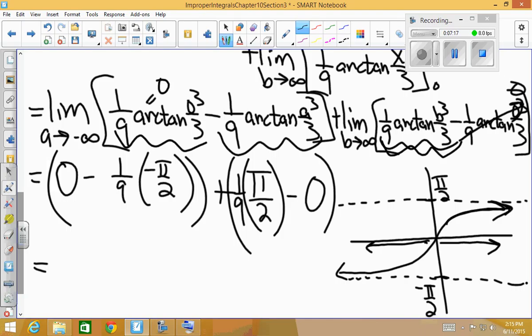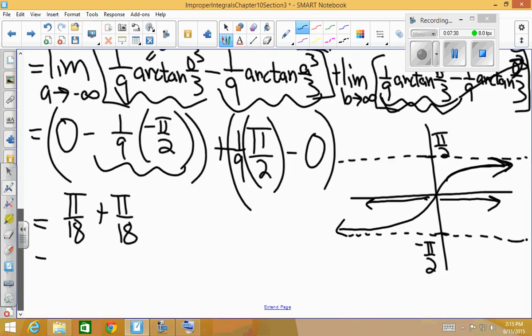Notice here we have negative times negative is positive, so positive pi over 18 plus another pi over 18, which is pi over 9.